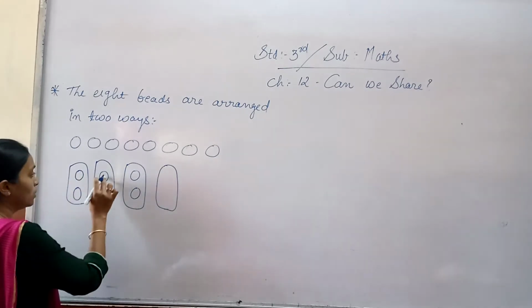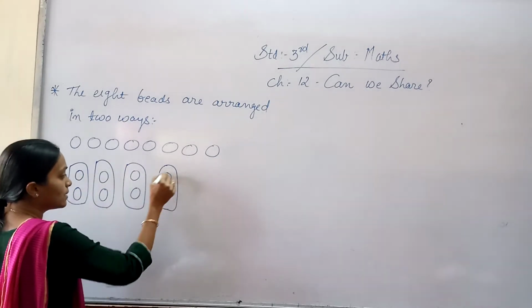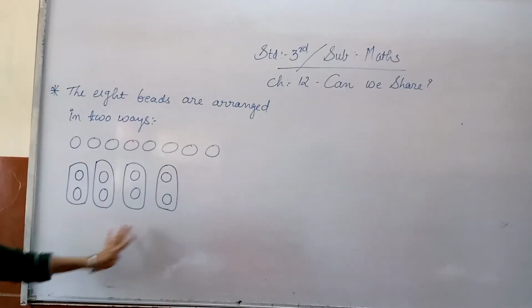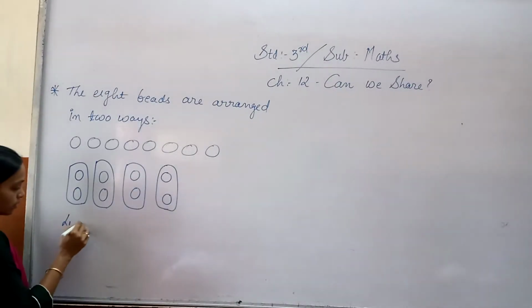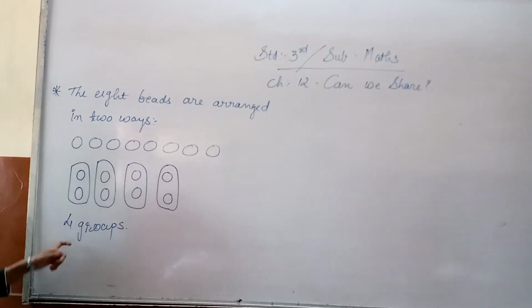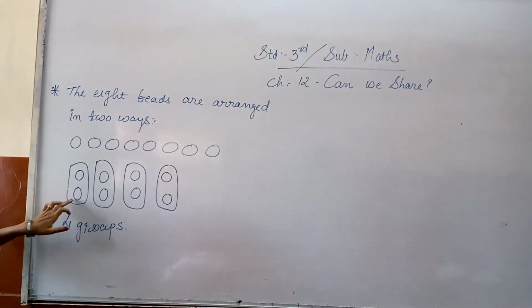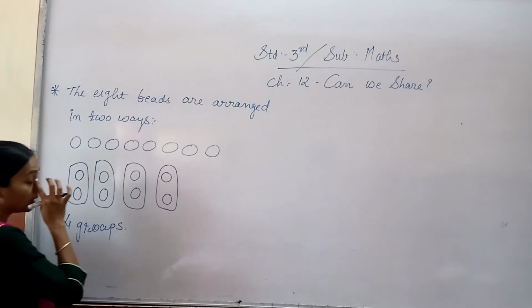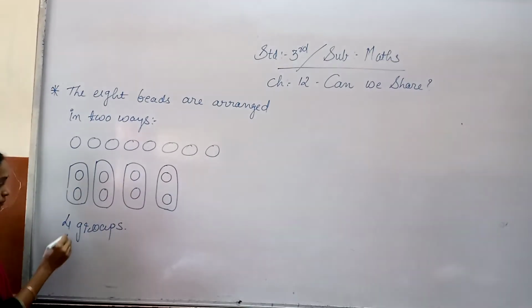See, 1, 2, 3, 4, 5, 6, 7 and 8. From these 8 beads I have made 4 groups. How many groups did I make? 4 groups. In each group there are 2 beads.